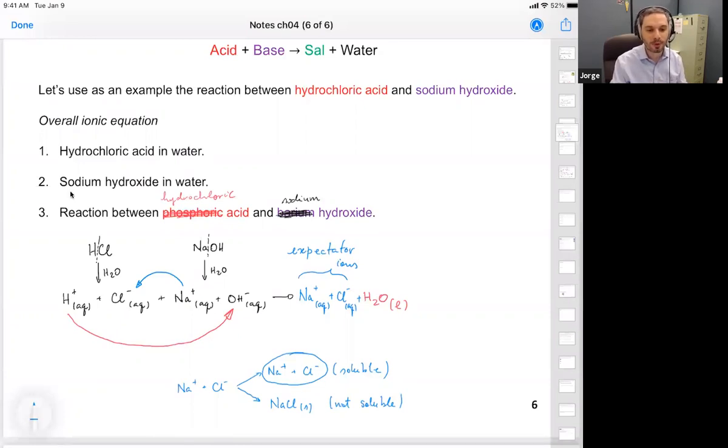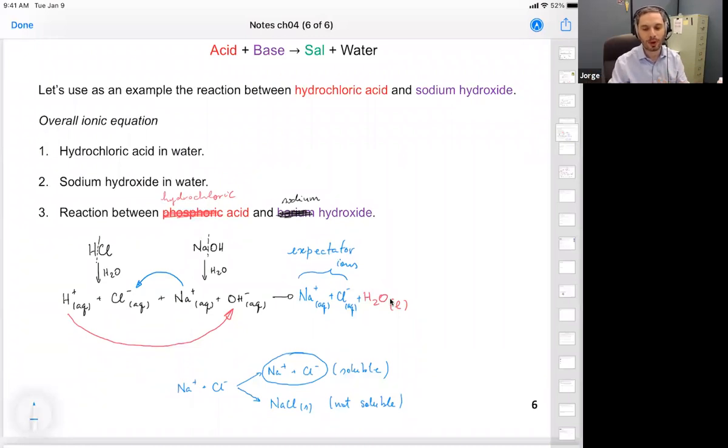One of the possible combinations is the formation of water, and the other possible combination is the formation of a salt. This salt may be soluble or not soluble. If it is not soluble, the cation and anion are going to combine and precipitate. If it is soluble, the ions will be kept in solution.